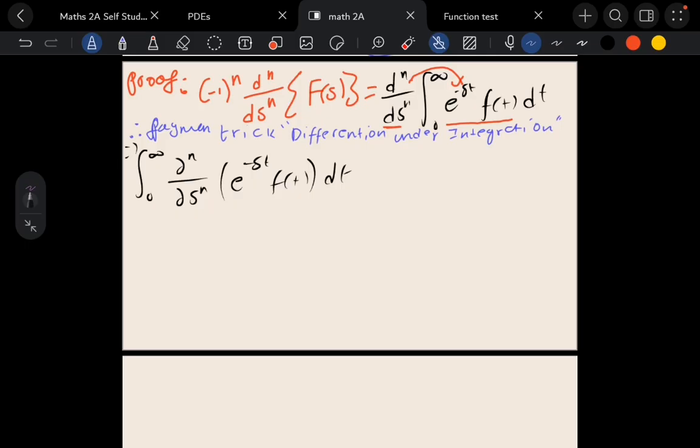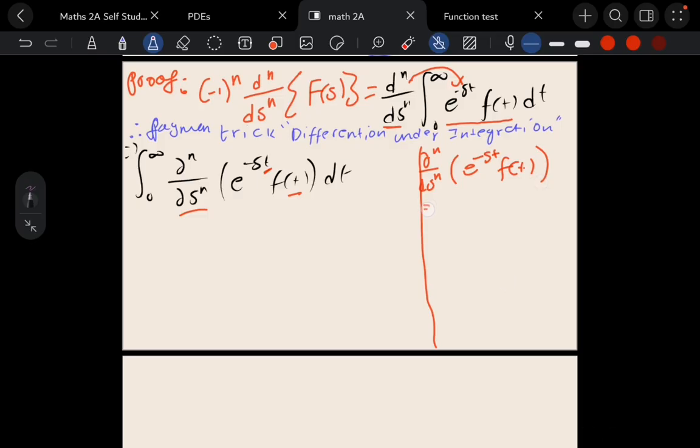Now, this partial derivative derives this entire thing in terms of s. So because it is deriving in terms of s, it means that f(t) and that t there are constant. So we take d^n over ds^n of e to the power negative st f(t).